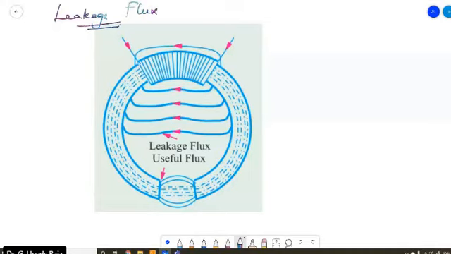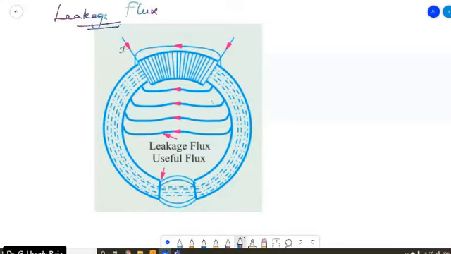So in this application, they wanted some flux to pass through this air gap. This is an iron ring which is wound by a coil. Let's say it has N turns and the current I flows through this coil.